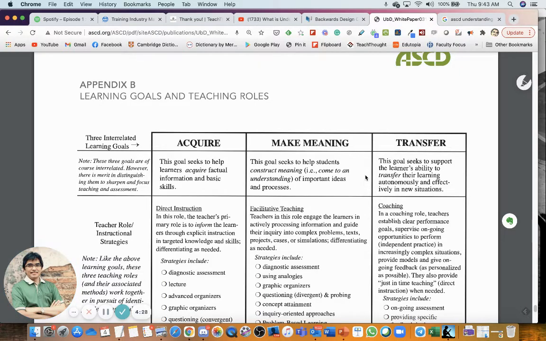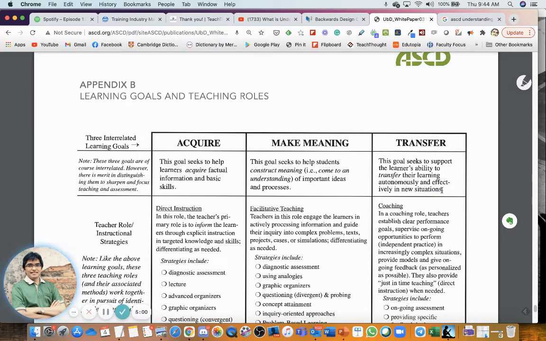Then in Understanding by Design, ultimately the aim is to ensure that students, after they have acquired and made meaning, are able to transfer the knowledge and apply it in a different situation. Transfer: this goal seeks to support the learner's ability to transfer their learning autonomously and effectively in new situations, in new contexts.